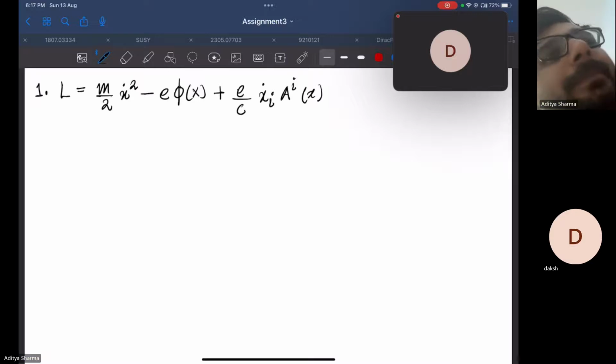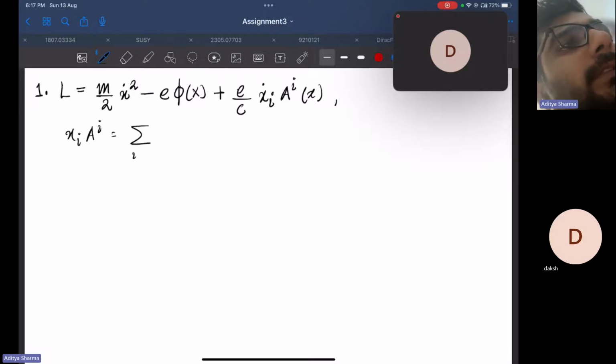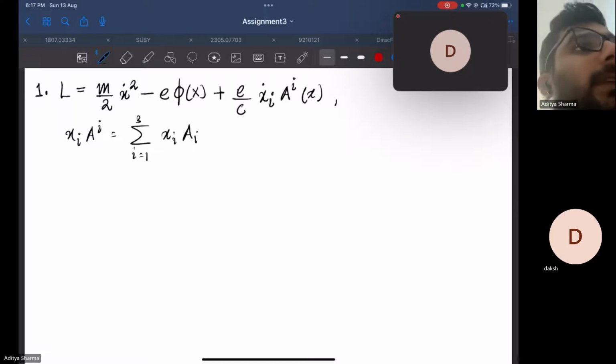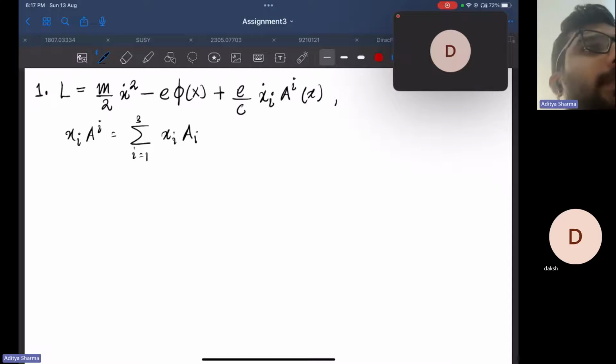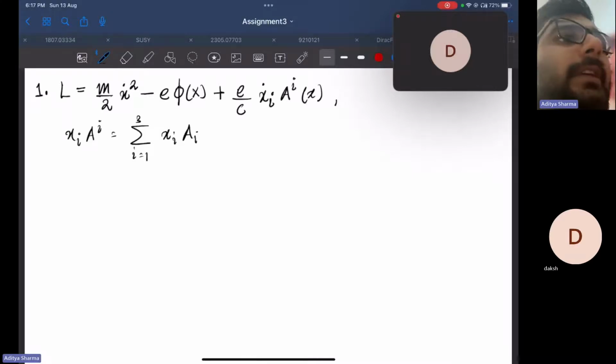Where x_i A_i is equal to summation. So A1, A2, A3 are some functions. Phi is some function. They are electromagnetic potentials actually, and x_i dot is the velocity of the ith component of the particle.